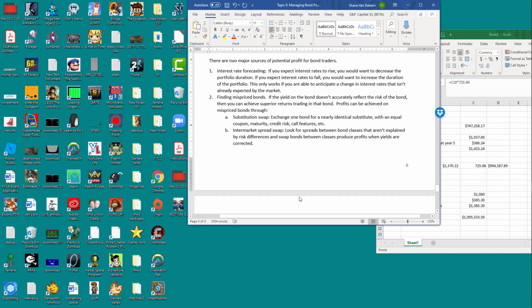So along this line, again, I love the movie The Big Short. The idea in that movie is that, in a way, the protagonist found mispriced bonds because the bond market was not recognizing the risk associated with the mortgage-backed securities. So those are a form of bonds.